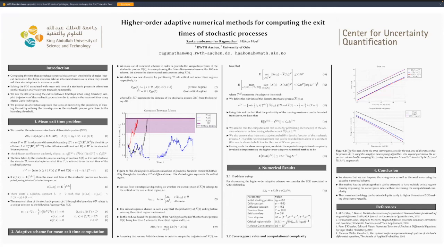And it can be seen from figure 2 that we do obtain a strong error of order delta t for the mean exit times, and the computational complexity is of order delta t to the power minus 1 log delta t. So this basically corroborates with the theory that we are developing currently.